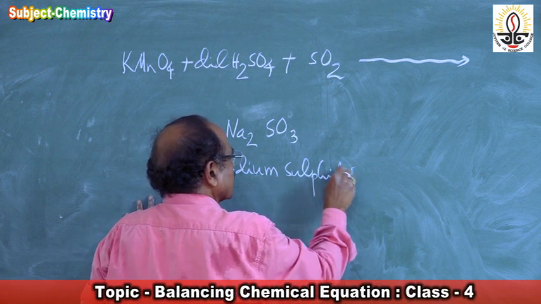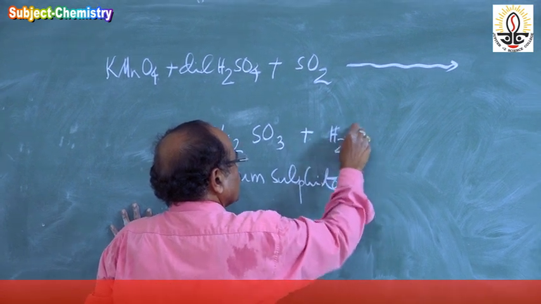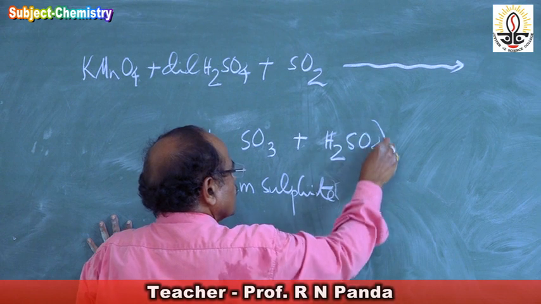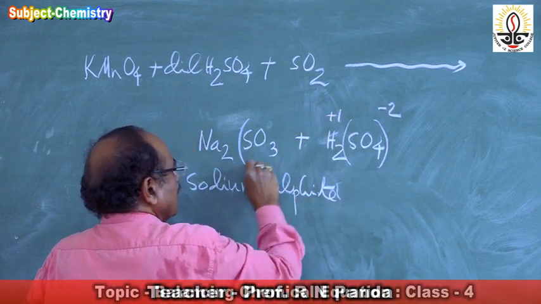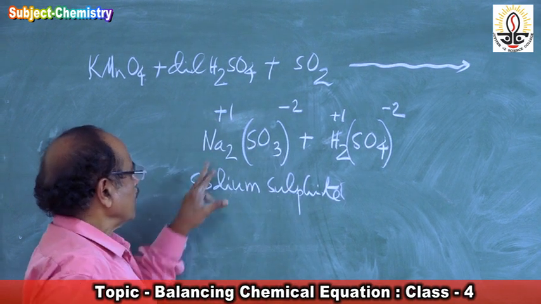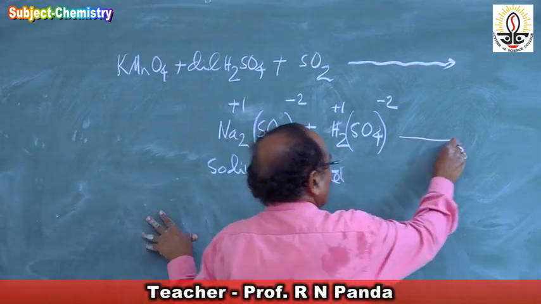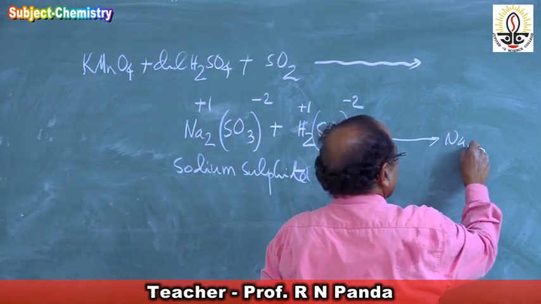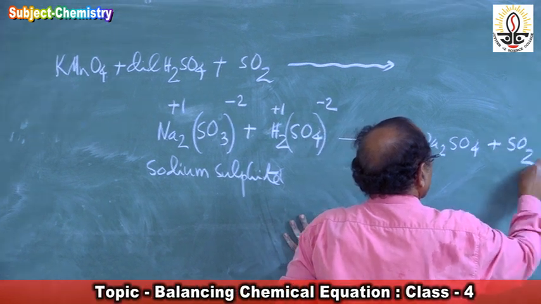Sodium sulfite, when treated with sulfuric acid, H2SO4. The sulfate is minus 2, hydrogen plus 1, the sulfite minus 2, sodium plus 1. Positive and negative will react, so this will form sodium sulfate and sulfur dioxide plus water.